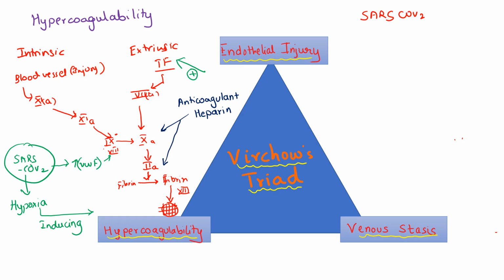The low molecular weight heparins, which are commonly used, act by inhibiting factor 10A. Since low molecular weight heparins inhibit the coagulation cascade, they prevent thrombus formation and thereby prevent further injury.